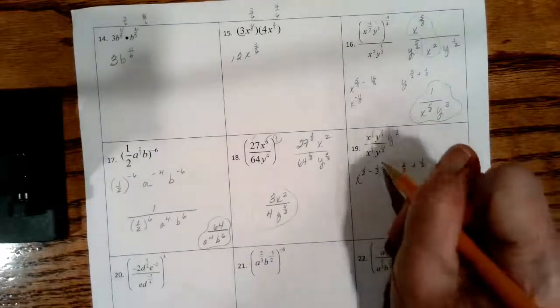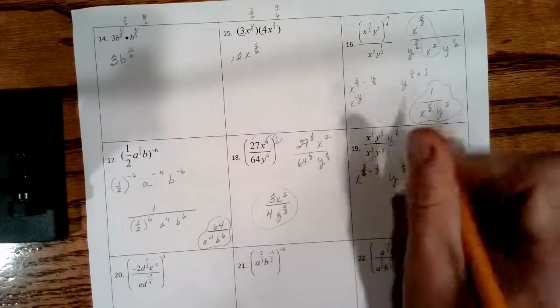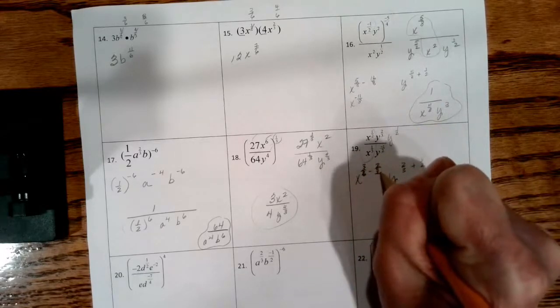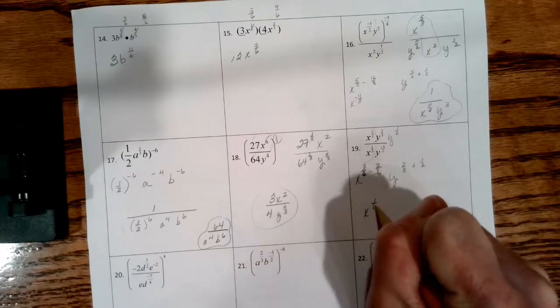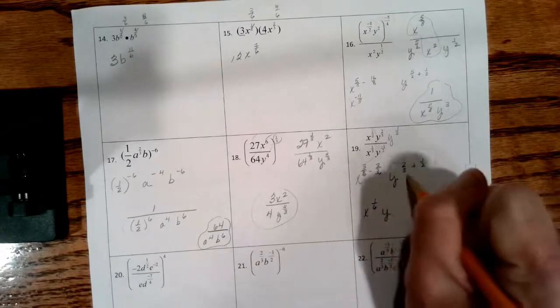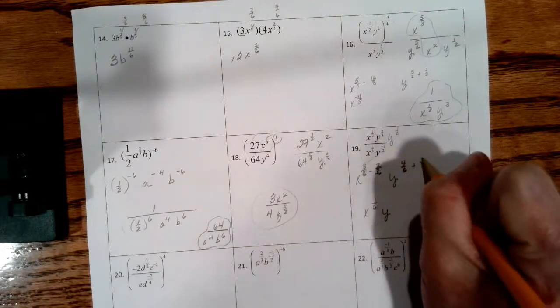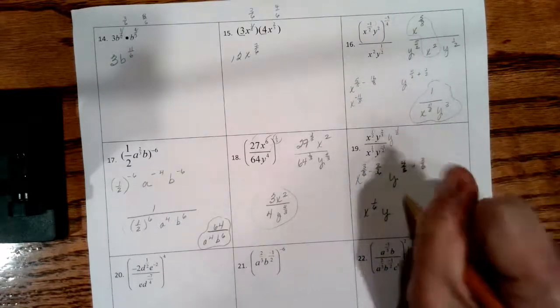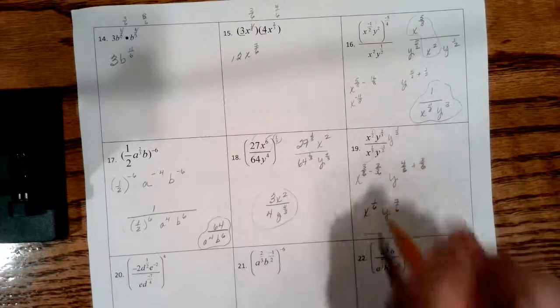If I put everything in terms of sixths, that's 3/6. This is 2/6, so I get x to the 1/6 power. If I simplify this y, this makes 4/6 and 3/6, so that makes 7/6 power.